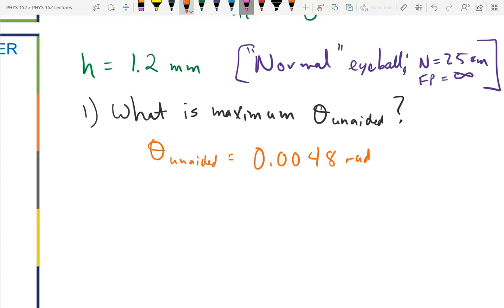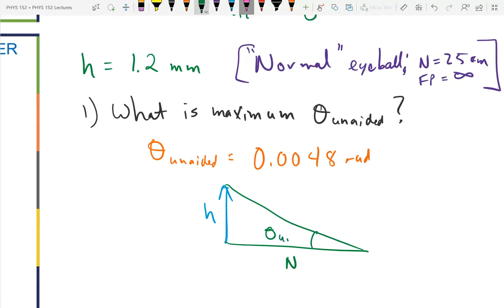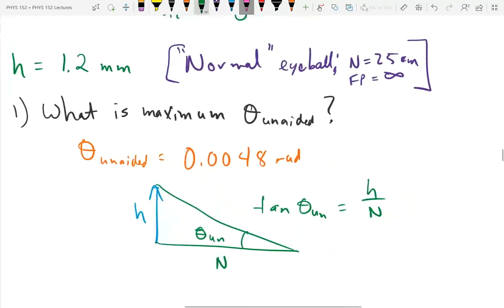No. If you had, your picture would have looked like this. Here's the height of my object. Here's the near point, because to get the maximum in focus, we're going to have it at the closest point, which is the near point. And so this angle here, I'm just going to put un here instead of putting the whole thing. I have tangent of theta unaided equal to opposite over adjacent.